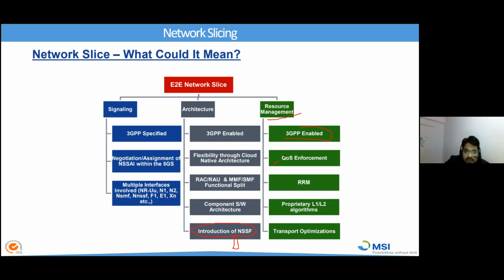So all kinds of quality of service policy enforcement, all kinds of radio resource management, and all kinds of layer 1 and layer 2 algorithms, whether those algorithms belong to the scheduling of different users, or are based on providing multiplexing or demultiplexing of the users, right? So all these radio resource management algorithms are defined by 3GPP as well.